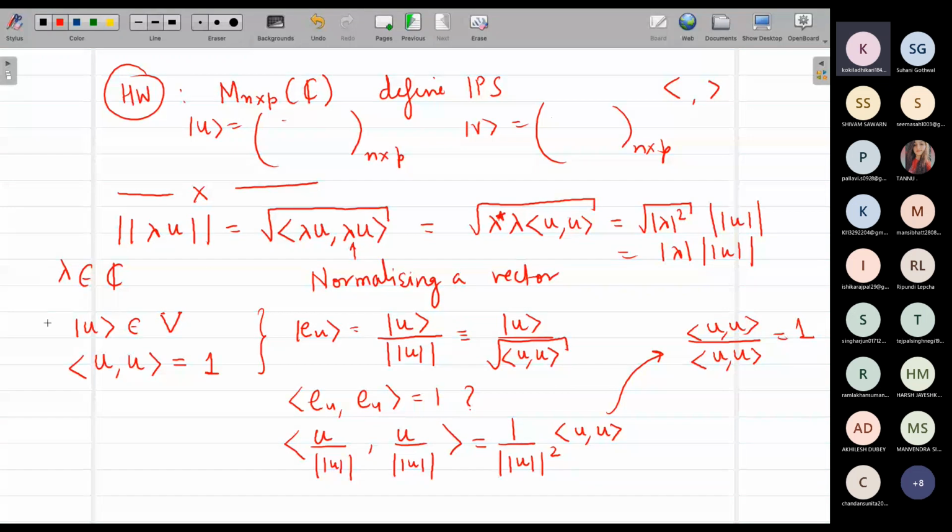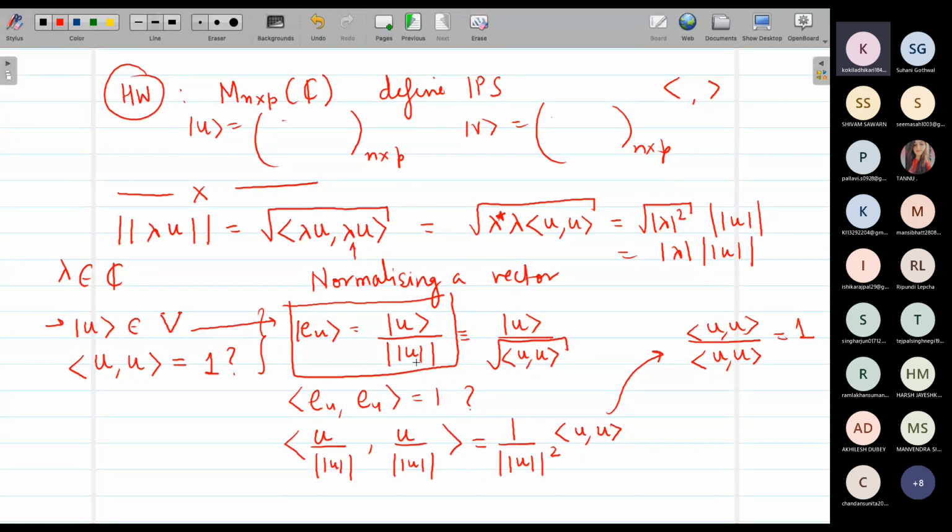Whenever you get a vector u, if we want to build a unit normalized vector, all we are supposed to do is divide that vector by its norm. And if it is in the inner product space, the norm has to be defined. So that means we have a way of normalizing a vector. I hope you are understanding that we are moving towards the quantum mechanics which you read, and that these rules are helping us move towards that.